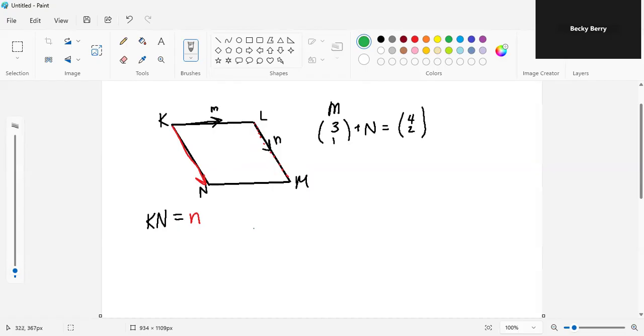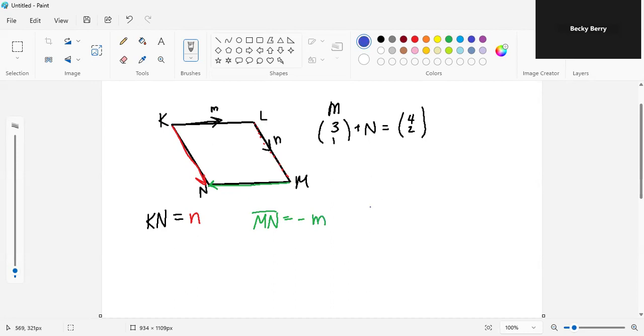What about MN? It is going in the opposite direction of this vector m, but in the same length. So it will be a negative m.